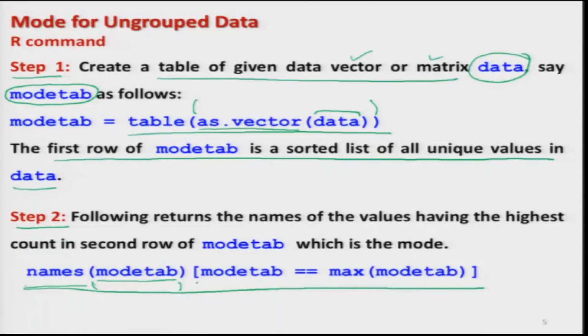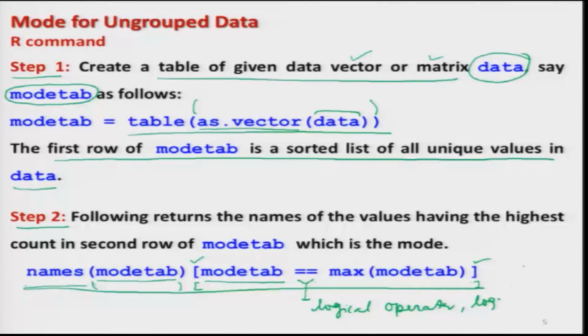Then inside the square brackets, remember these are square brackets, you have to write mode tab, the data you obtained in step 1, is double equal to. What is this double equality sign? This is the sign of a logical operator for equality.